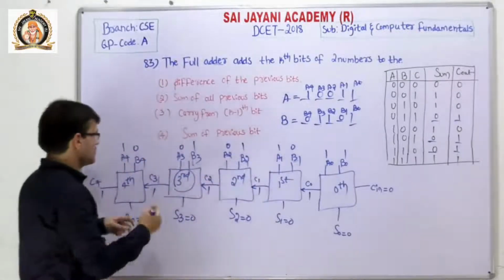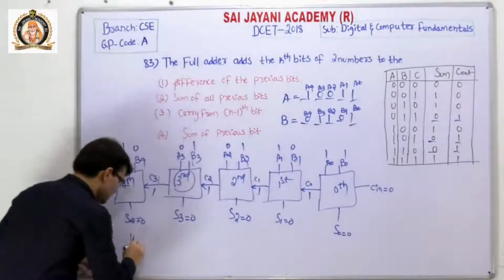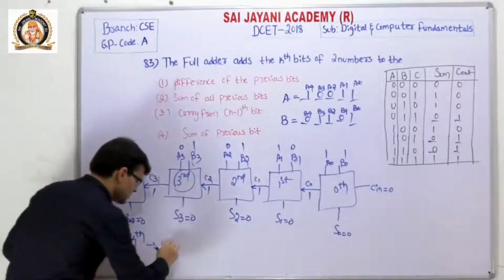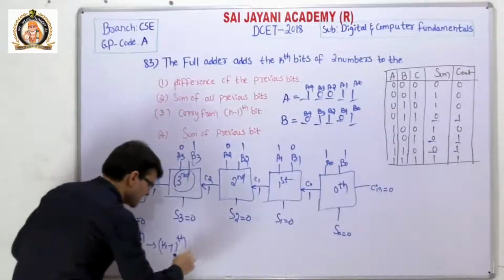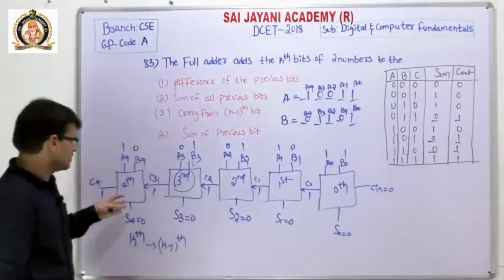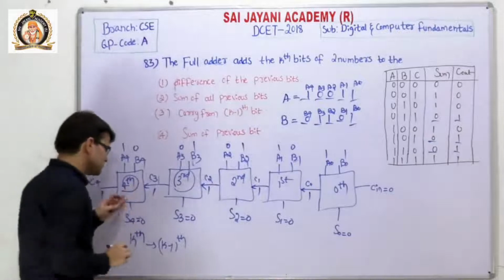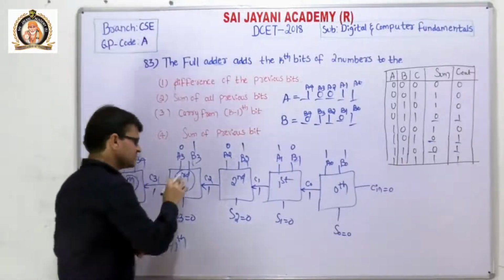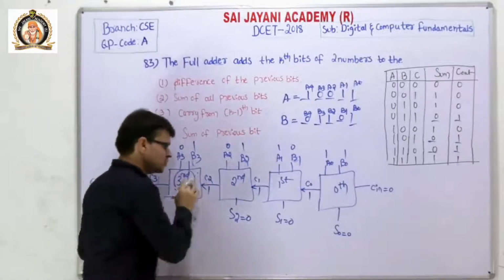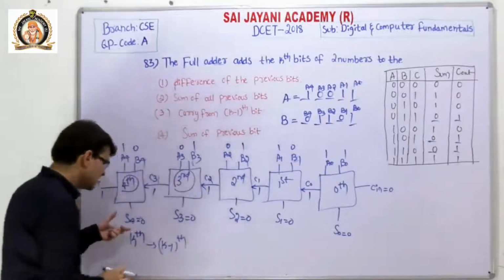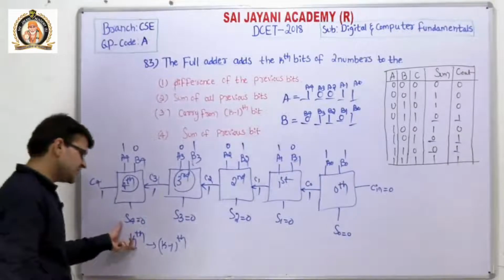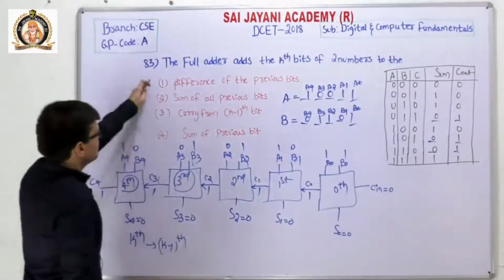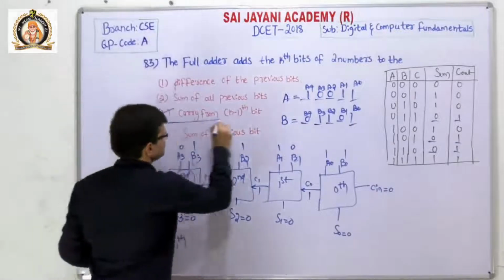So for kth full adder or kth bit, the k minus 1th carry bit has to be added. For 4th full adder C3 bit is added. Similarly for 3rd full adder C2 bit is added. So from the above options, the third option is the right option.